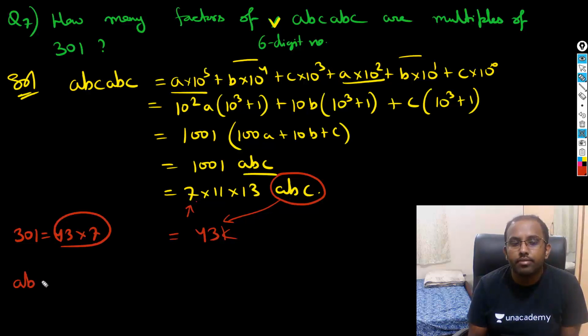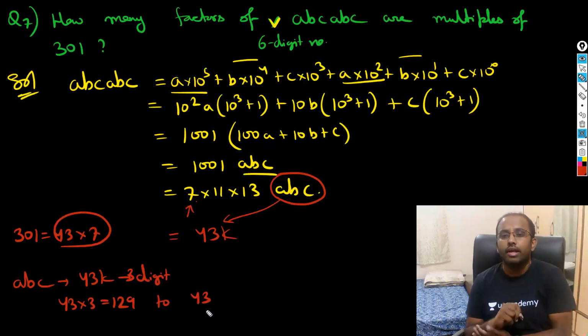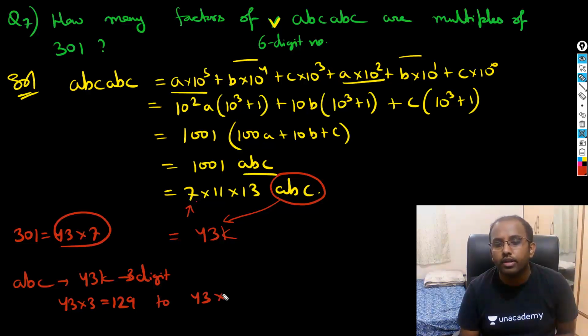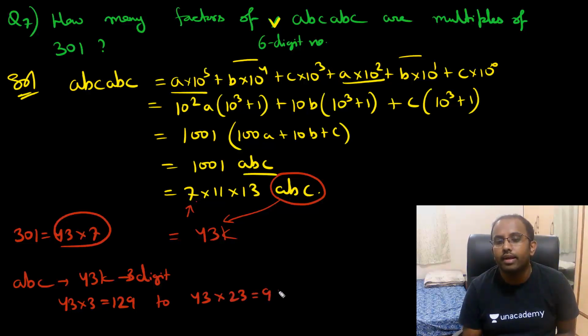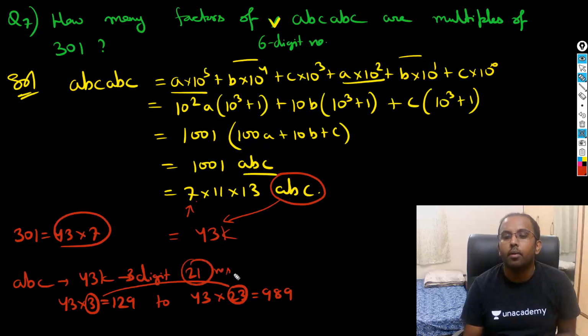Starting from 43 into 3, that is 129, and ending at what? 43 into 20 is, I think, 860, and 43 into 23 is what? 989. So starting with 3 and ending at 23, from 3 to 23 I can have 21 multiples of 43.